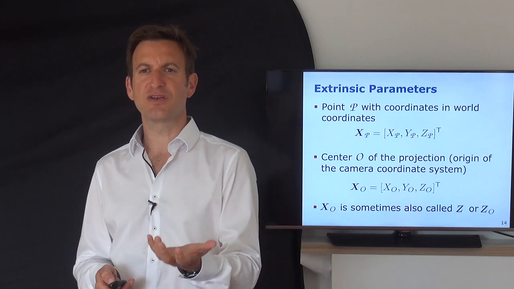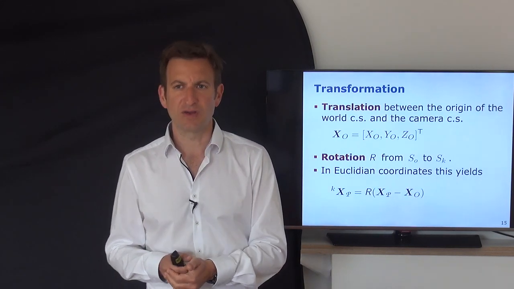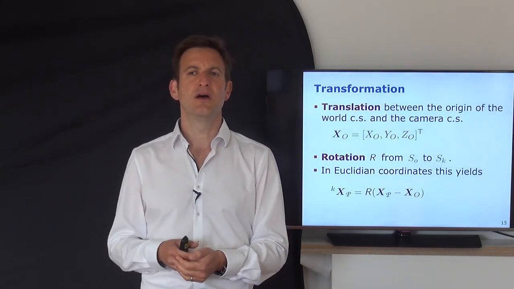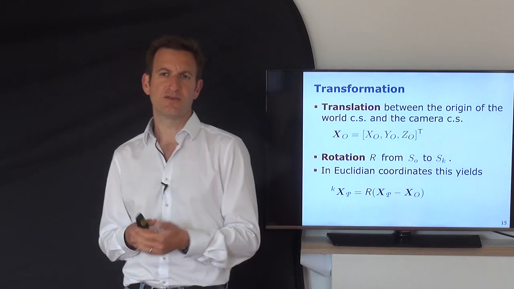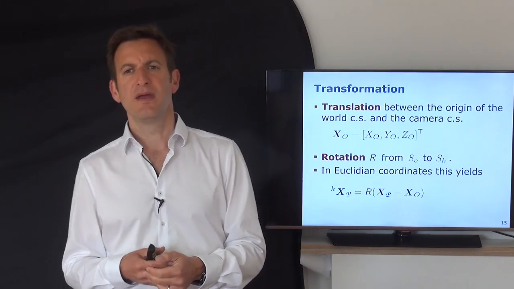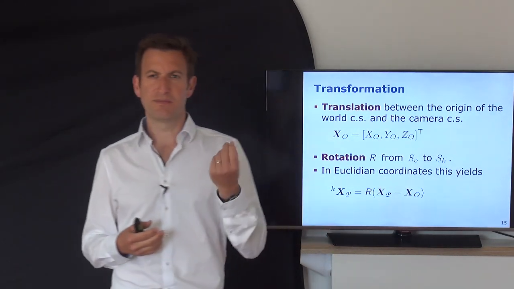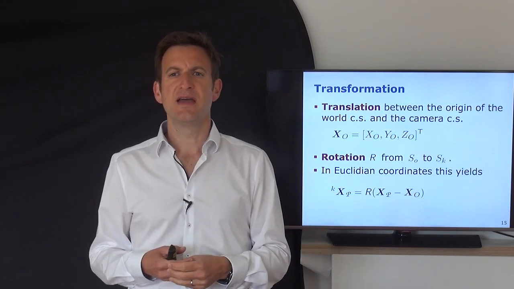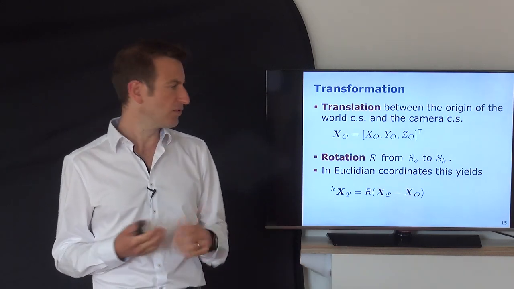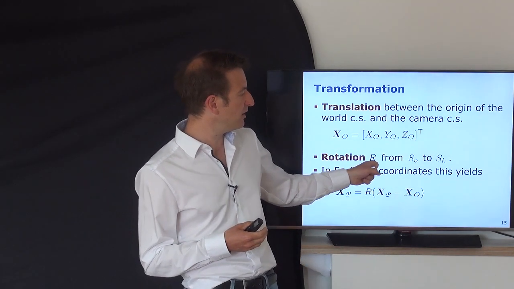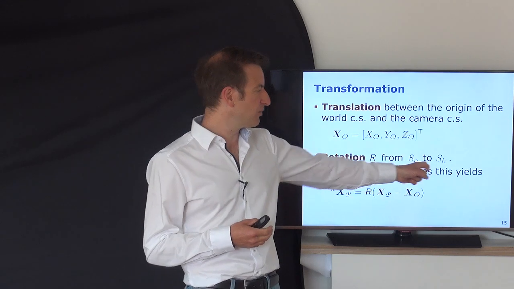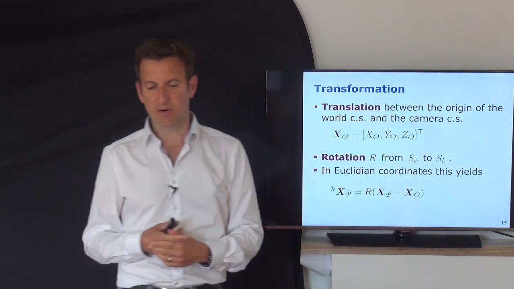So the extrinsics can be described by a translation between the origin of the world coordinate system and the camera coordinate system, which is this X0, the location of the projection center, and the rotation, typically expressed as a rotation matrix R, from the object coordinate system into the camera coordinate system.